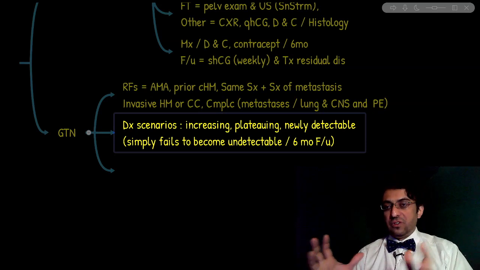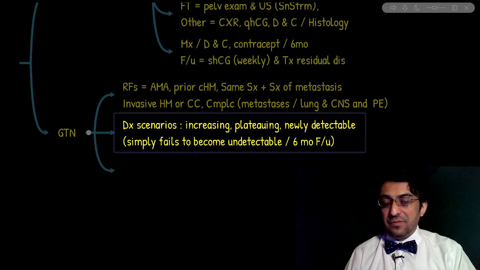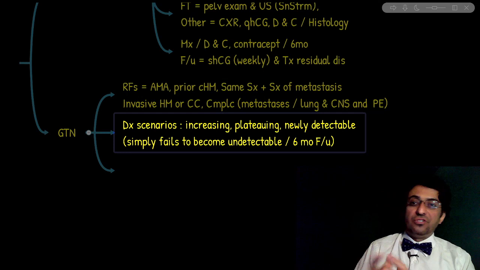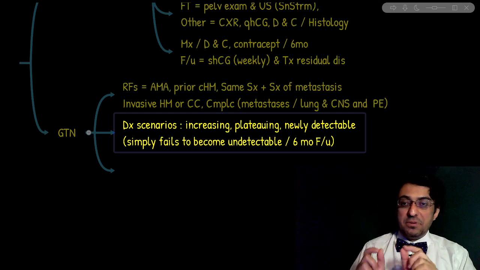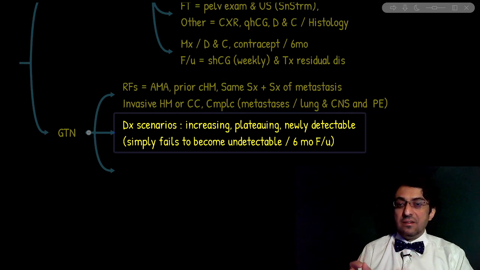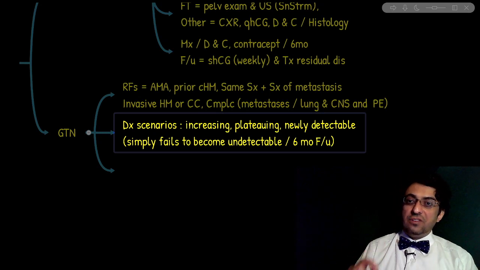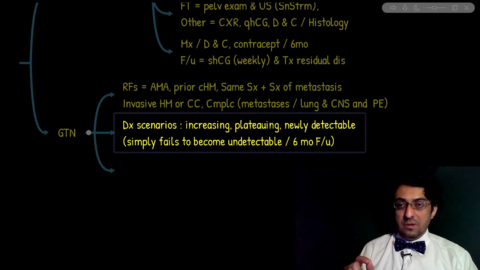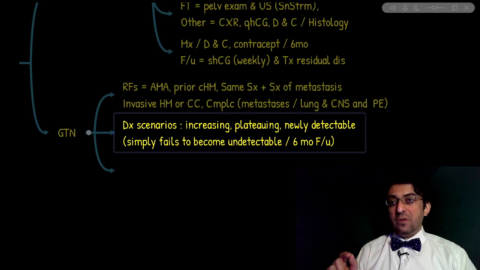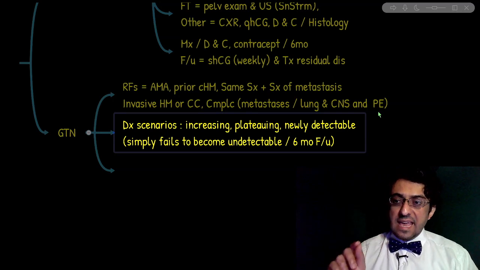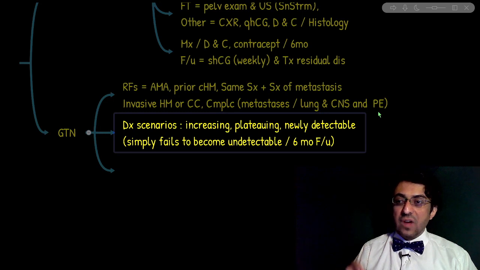While we discuss all those risk factors and findings associated with gestational trophoblastic disease, including the ultrasound and HCG findings, the precise criteria for GTN includes either serial HCG, that is measured in our follow-up on a weekly basis, fails to get undetectable in the 8-week weekly follow-up after D&C or suction curettage.